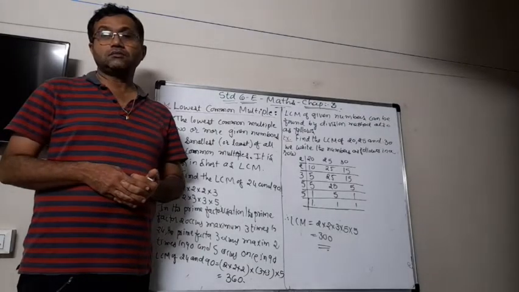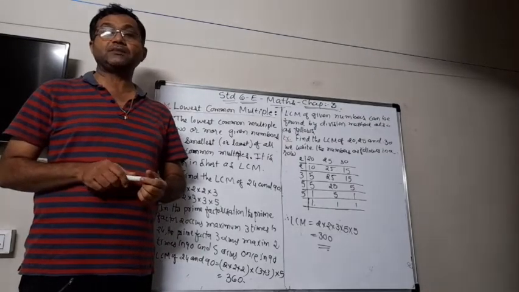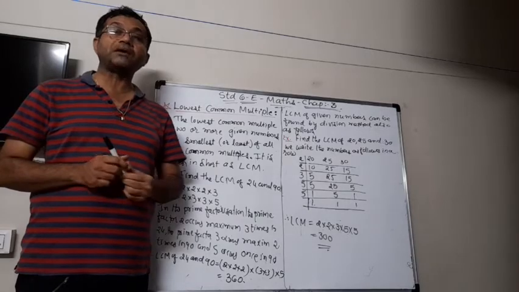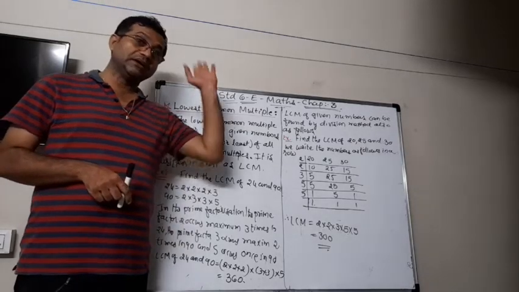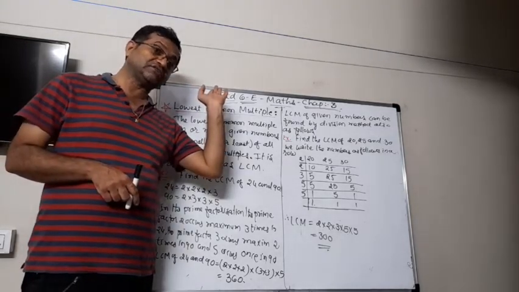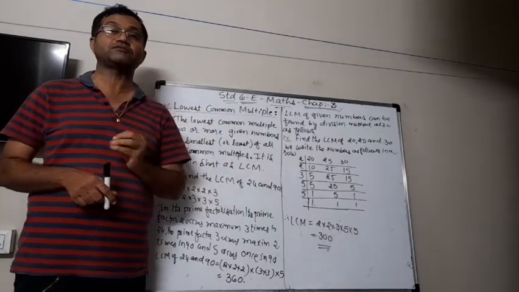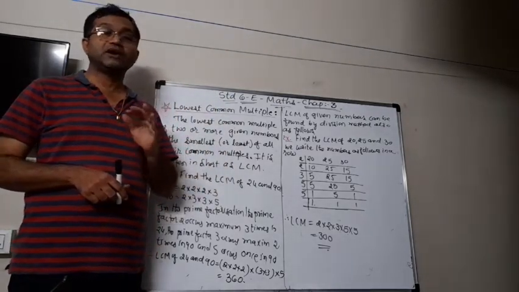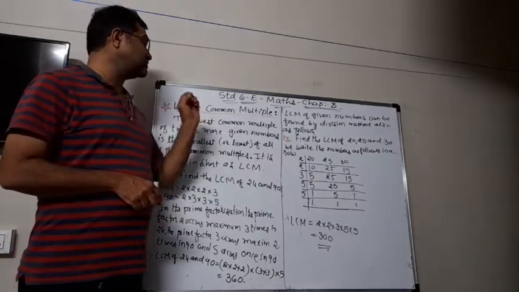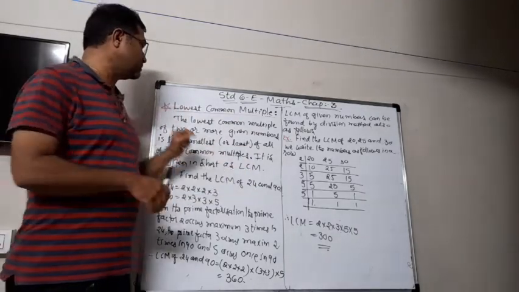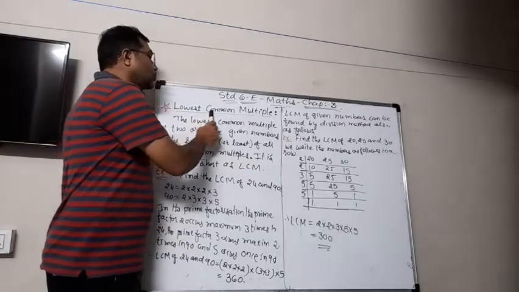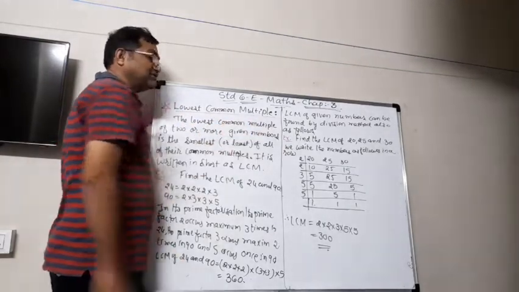Now we are going to learn about the lowest common multiple. In the last session we learned about the highest common factor, HCF. Here it is LCM in short form, the lowest common multiple.